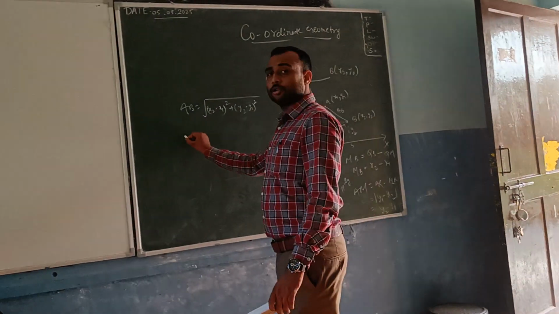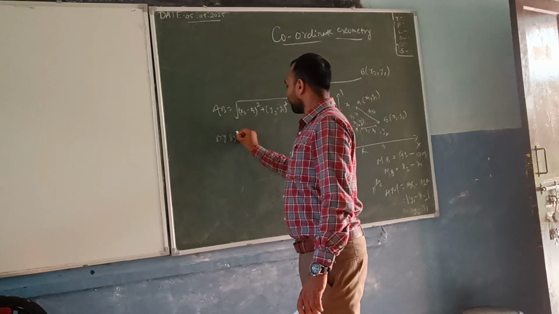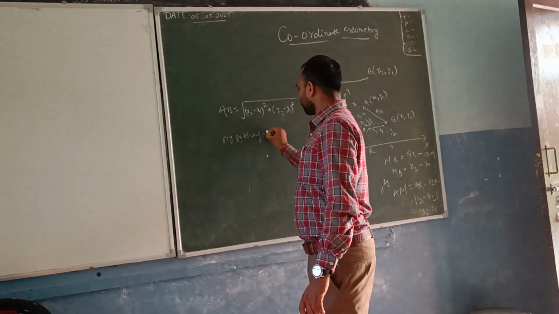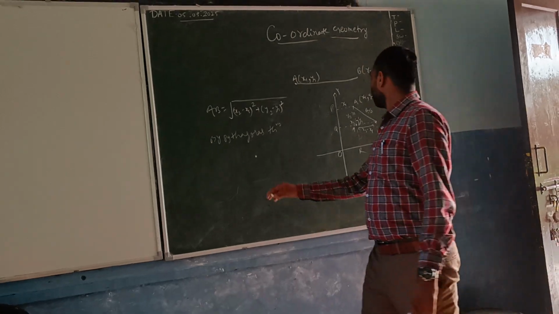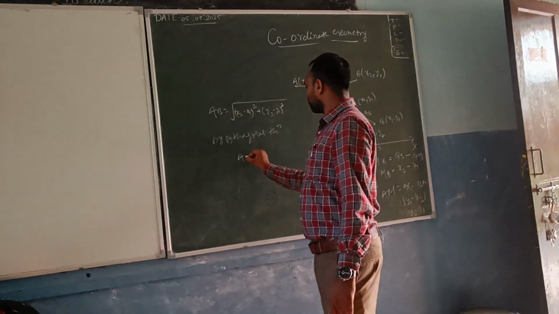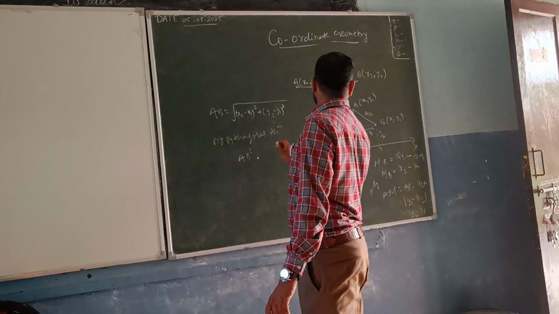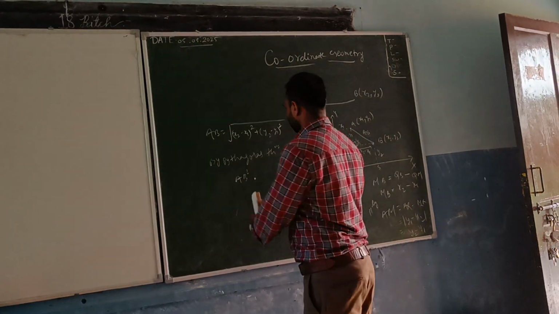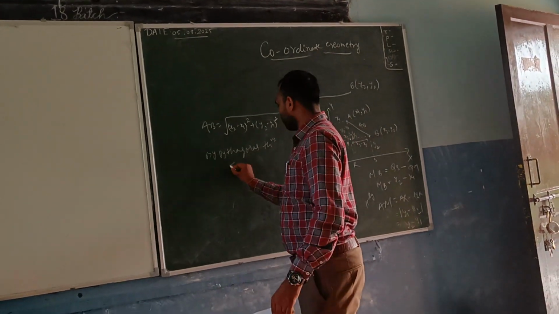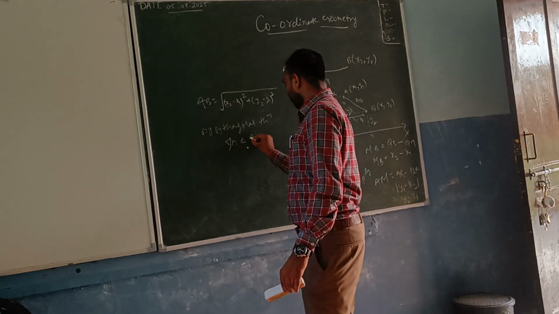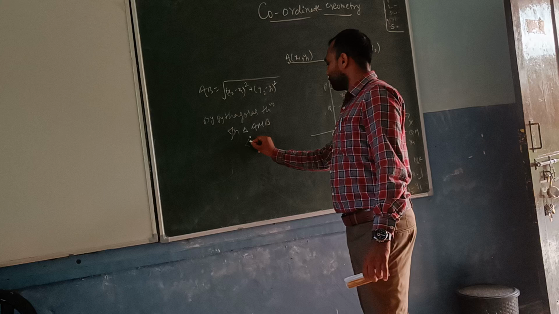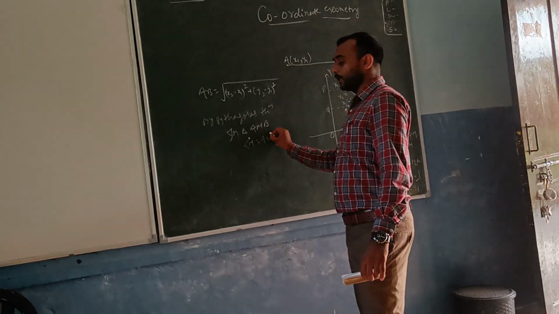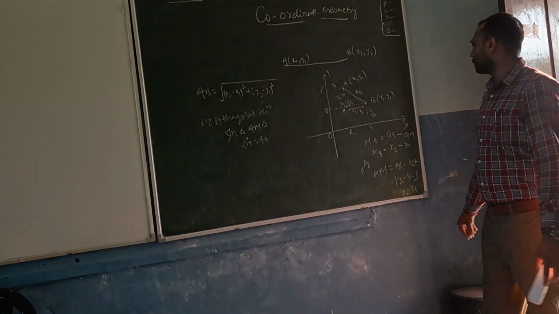Now by Pythagoras theorem, we can find AB. In triangle AMB, angle M is 90 degrees, a right angle, so we can apply Pythagoras.